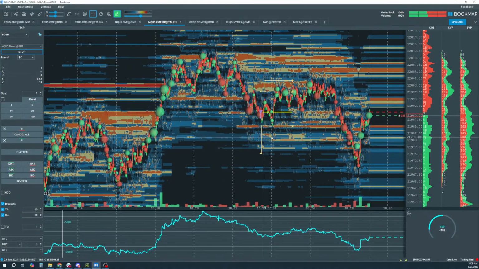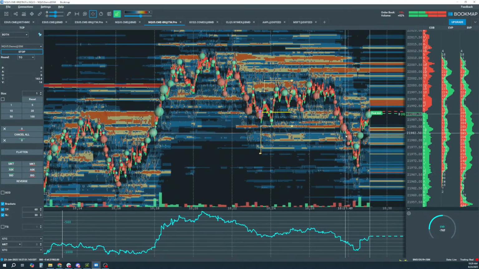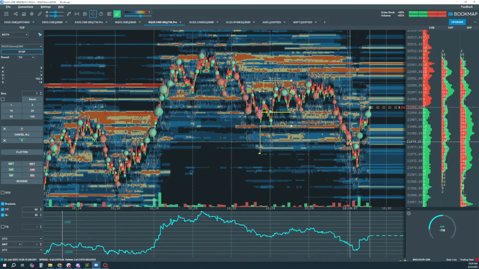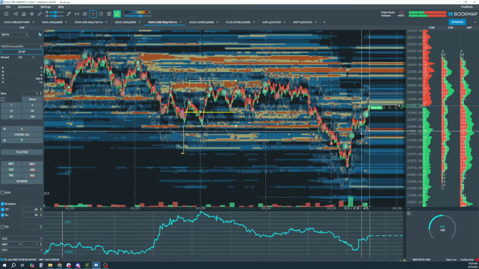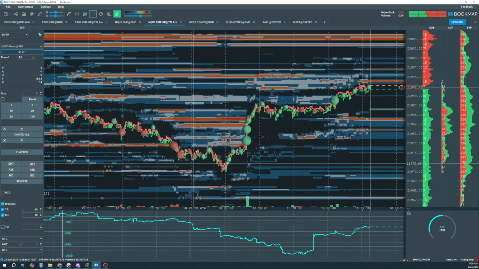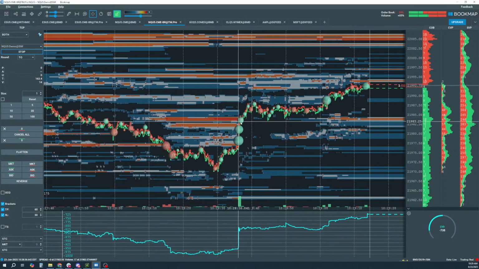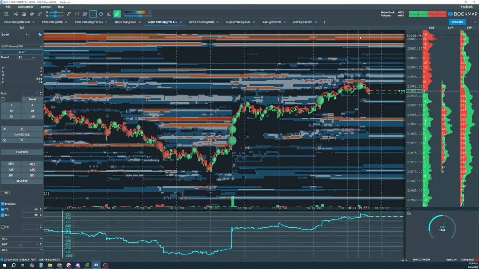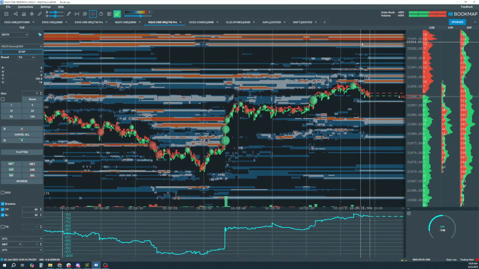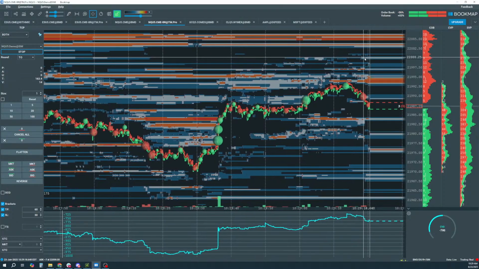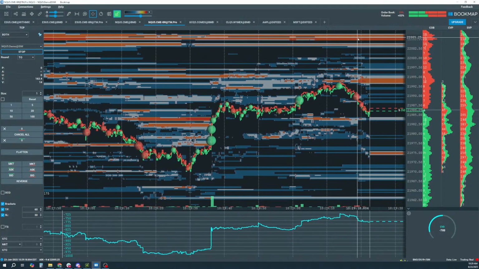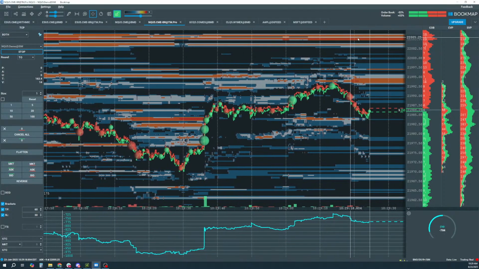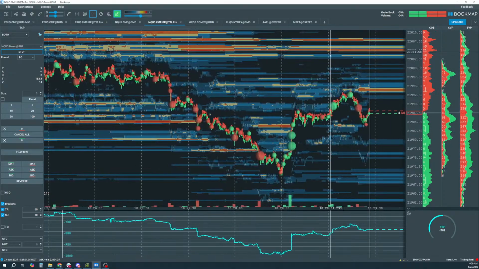So now what we're seeing was looking like the sellers were going to take control here, but the buyers just came back in right here with force. Okay, so they're back in. Now we're looking for a move back up to the figure here at 22,000, maybe up to 22,005.